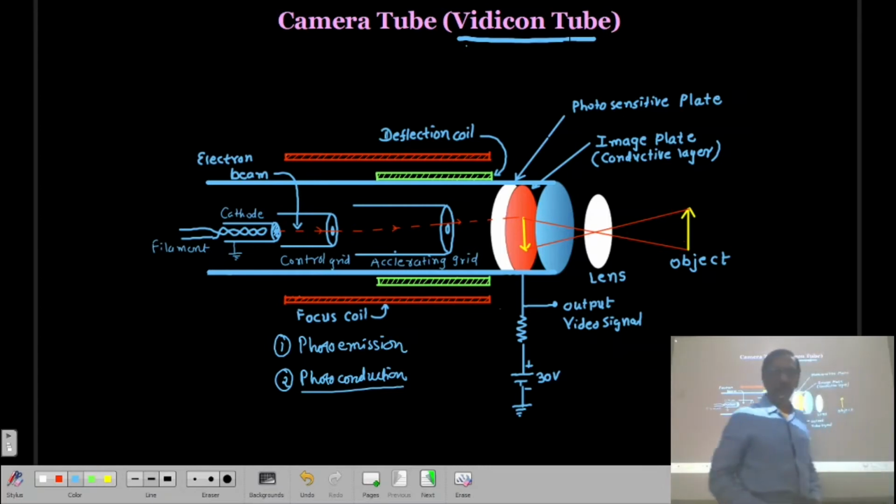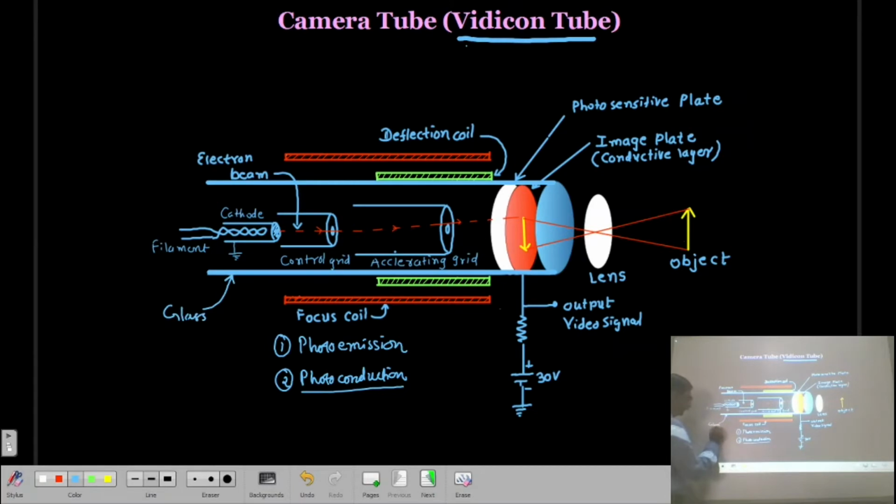So if you look at the construction of this camera tube, then here you will find a glass envelope. This is the glass envelope, or you can say it is a kind of glass tube.